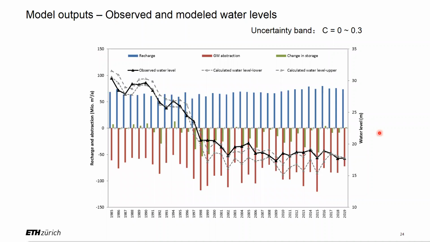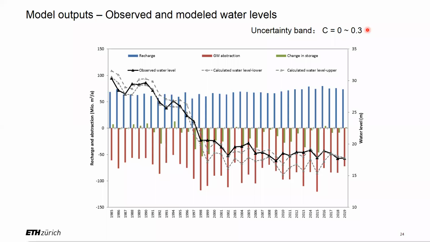Now, after looking at the recharge, we can calculate the water levels yearly. The black line is the observed water level over time, and the gray dashed lines, 2 lines, are the calculated water level from the box model. There is an uncertainty band because we only have the total pumping electricity in history.